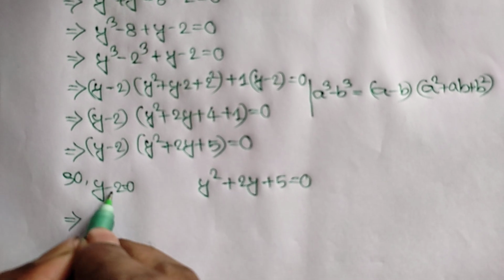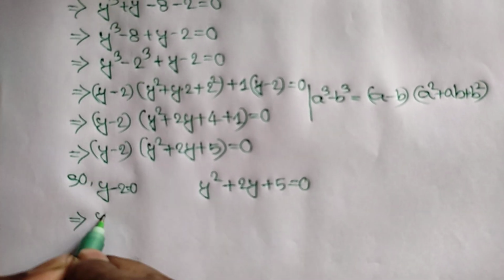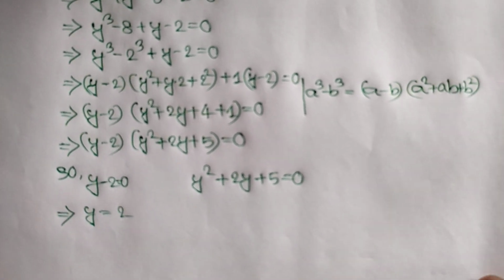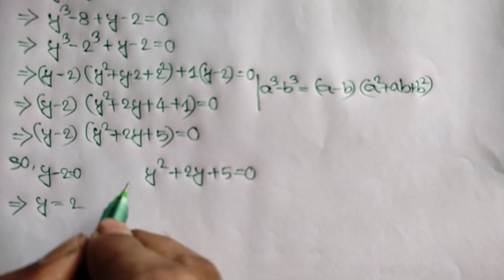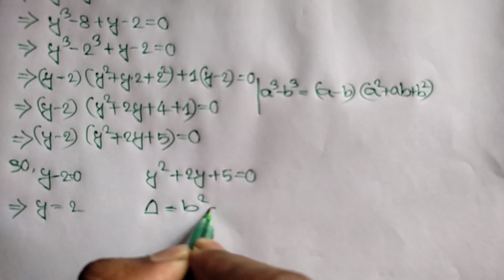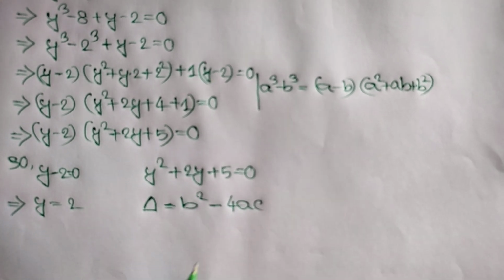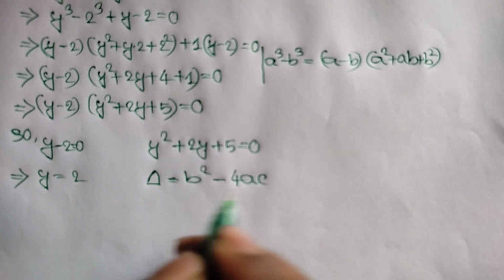Now taking this negative 2 to the right side we get y is equal to 2. And here we can apply the discriminant formula. So delta is equal to b square minus 4ac. Here a is equal to 1, b is equal to 2 and c is equal to 5.